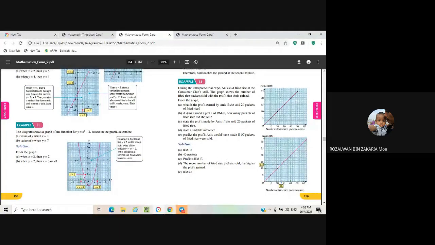Or if you write it inversely, it can also be accepted. For example, the higher profit gained after you sell more fried rice packets, that answer also can be accepted.